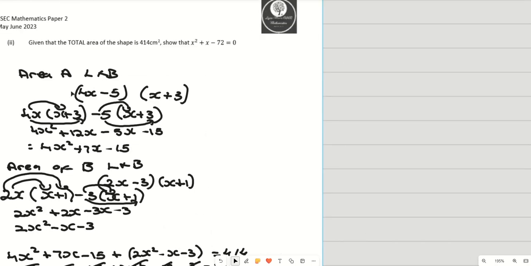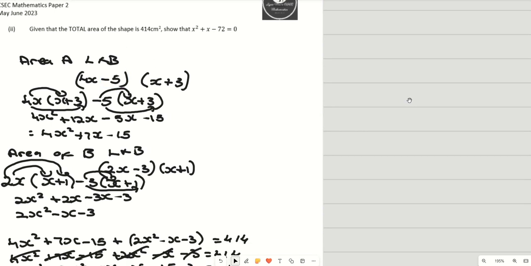When you're multiplying like this, you take the first term in your first bracket and multiply by everything in your second bracket. And then you take the second term in your first bracket and also multiply by everything in your second bracket. So it's 4x by x is 4x squared. 4x by 3 is 12x. And then we could deal with the signs after. Both of them are positive, so it will be positive 12x.